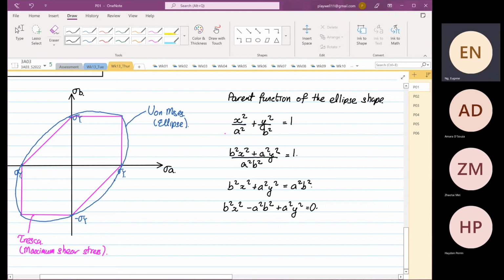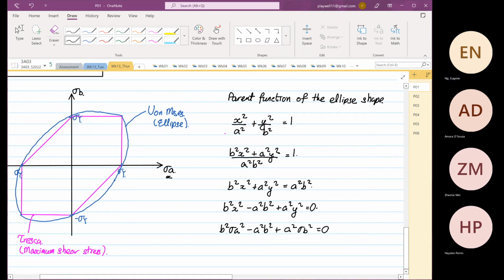So our x-axis is sigma A, our y-axis is sigma B, so we have b squared sigma A squared minus a squared b squared plus a squared sigma B squared is equal to 0.